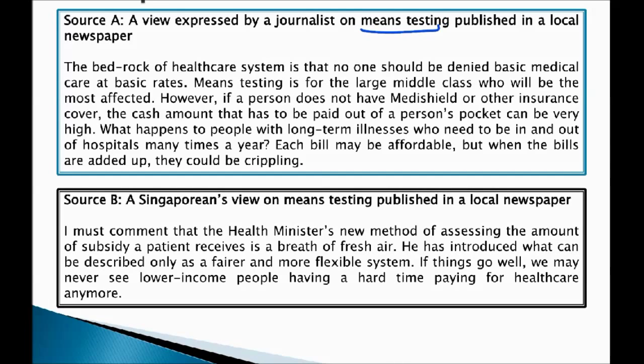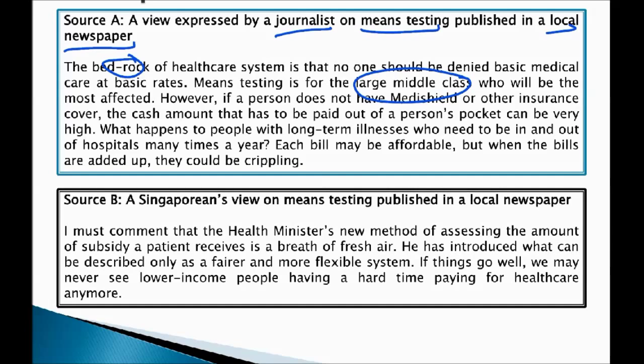Source A. This is an opinion expressed by a journalist about means testing, published on a local newspaper. So he or she is saying that the bedrock of the healthcare system, or the basis of the healthcare system, is that no one should be denied basic medical care at basic rates. Means testing is for the large middle class who will be the most affected. What is the large middle class?